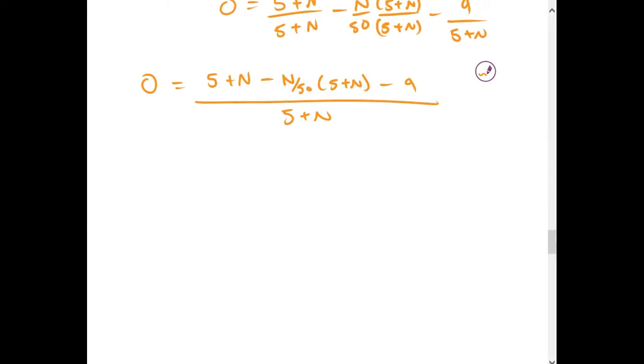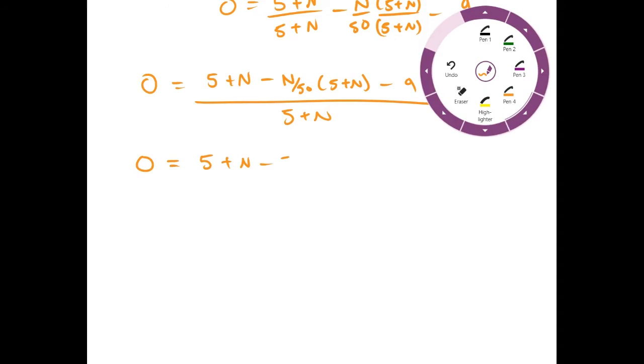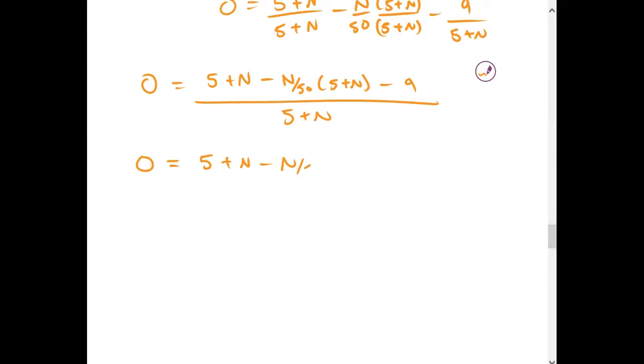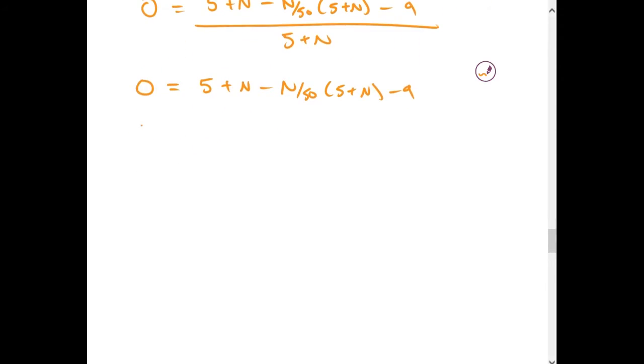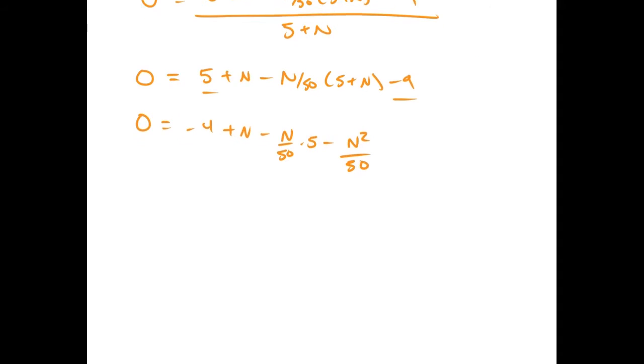So for this whole thing to be 0, the numerator must equal 0. So we set 5 plus N minus N over 50 times (5 plus N) minus 9 equal to 0. And simplifying this, we get negative 4 plus N minus N over 10 minus N squared over 50.